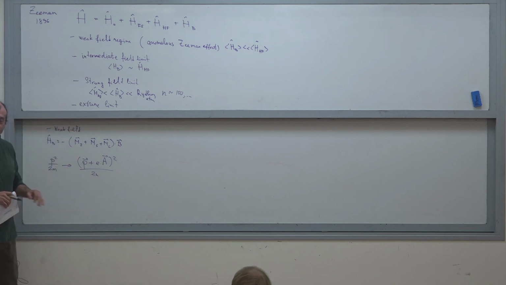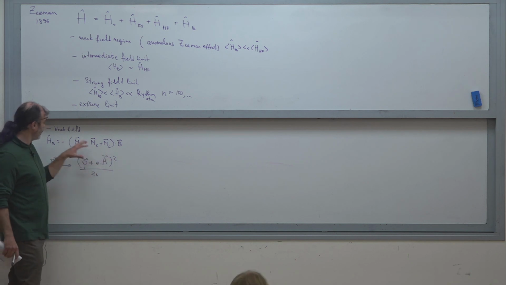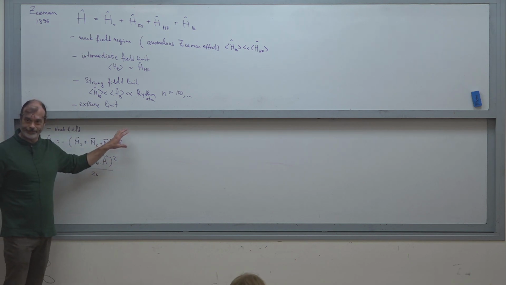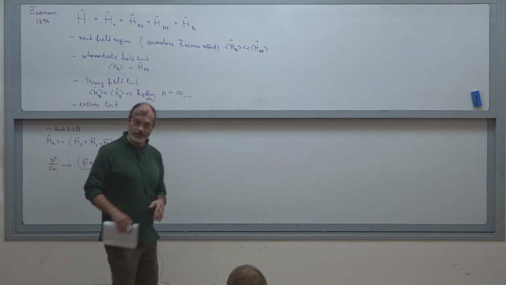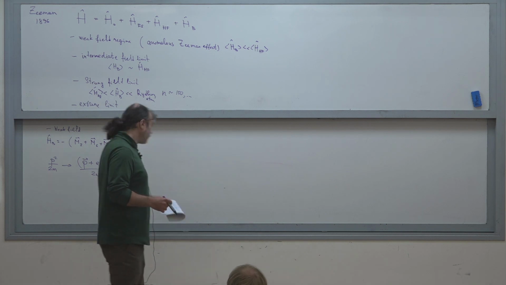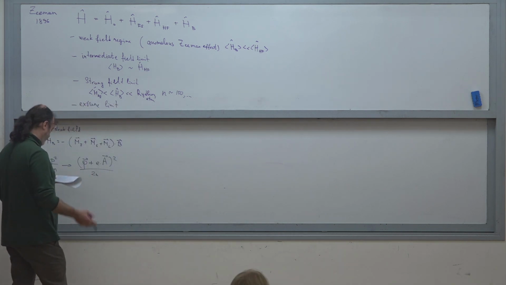This will be the correct way to deal with the magnetic field in quantum mechanics. Now from here we can derive this Hamiltonian and see that the previous Hamiltonian is not correct. It does not include everything.